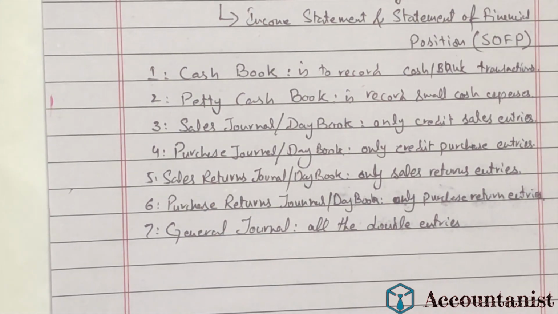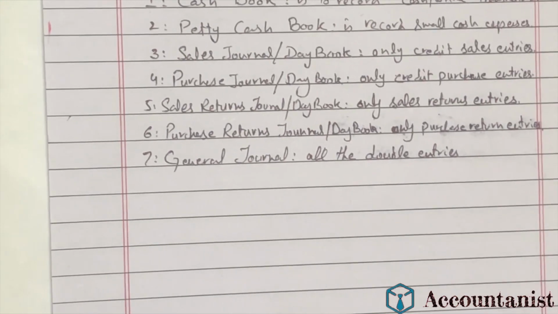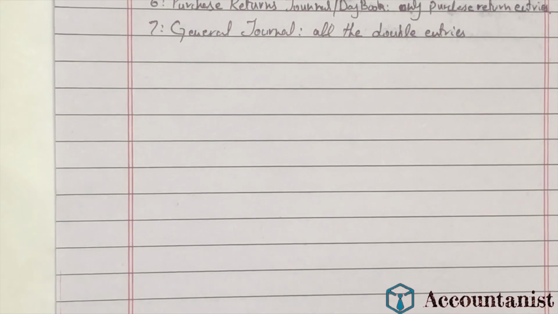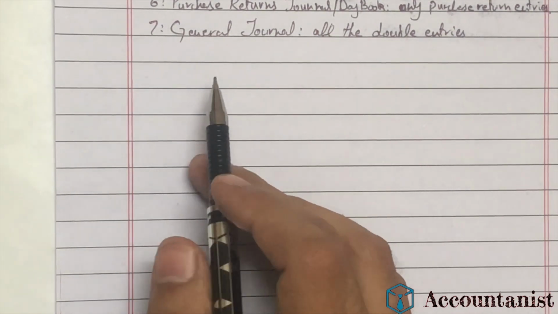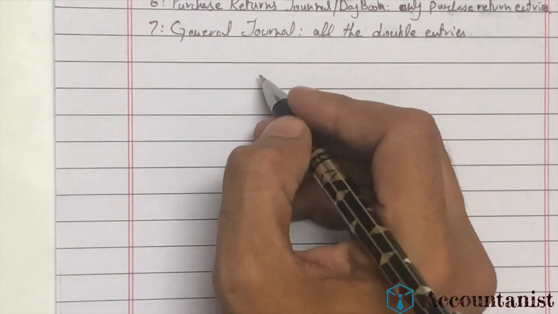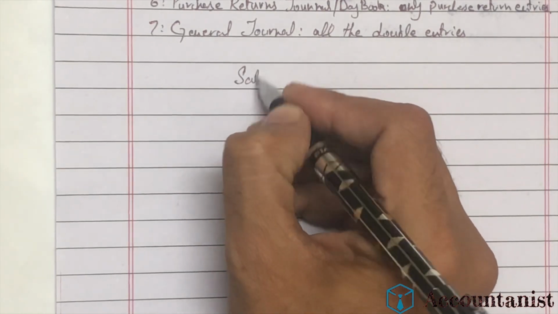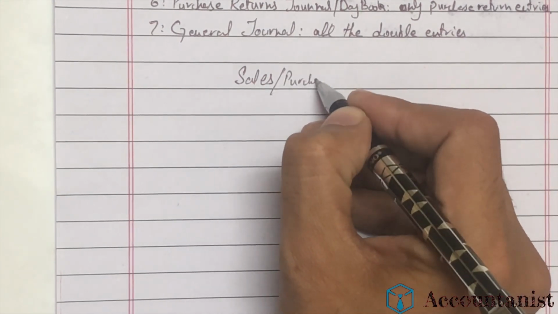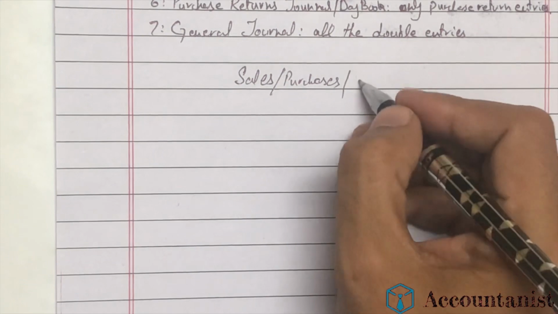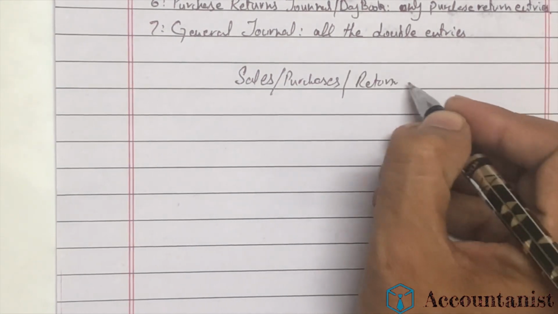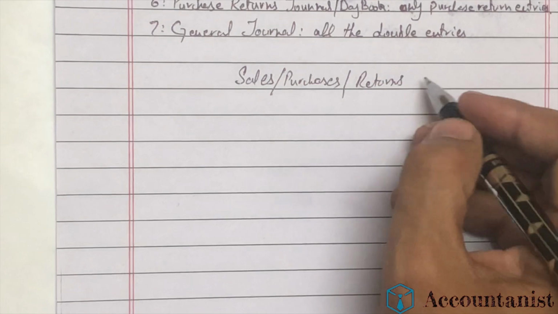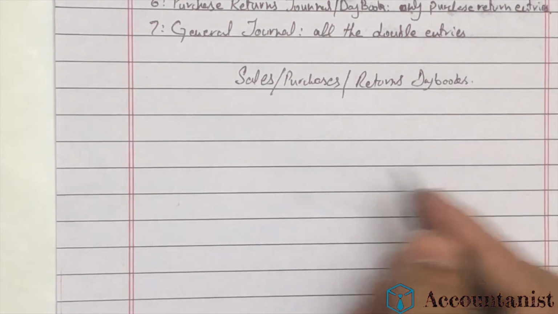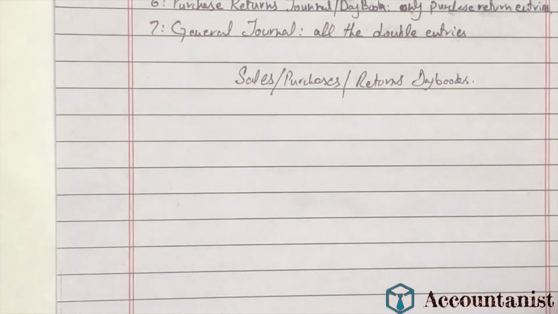So how do we make these daybooks? Let me show you the format of the daybook. We already learned about the cash book, and we already know the format of the petty cash book. I'm going to write down the sales or purchase journal. All of these daybooks, sales, purchases, or returns books, meaning sales return or purchase return daybooks, have a similar format.